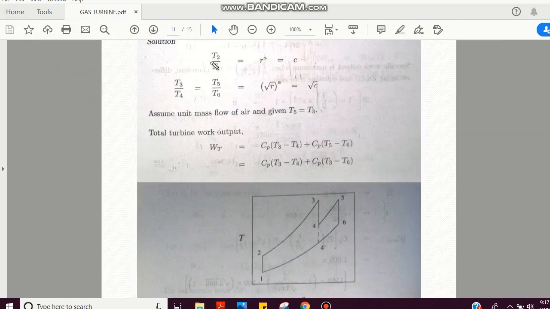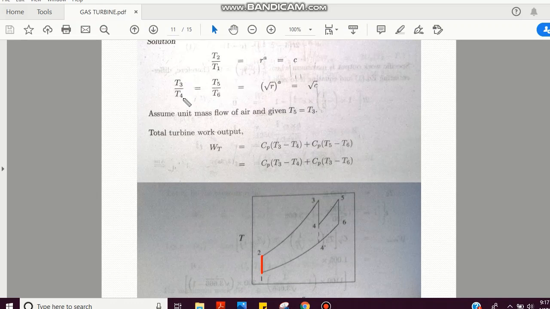So that is T2 by T1. 1 to 2 is the compression process, compressor process. So that is R to the power a, where a means gamma minus 1 by gamma. So T2 by T1 is equal to R to the power gamma minus 1 by gamma, or R to the power a. We are substituting this as C, which is given.